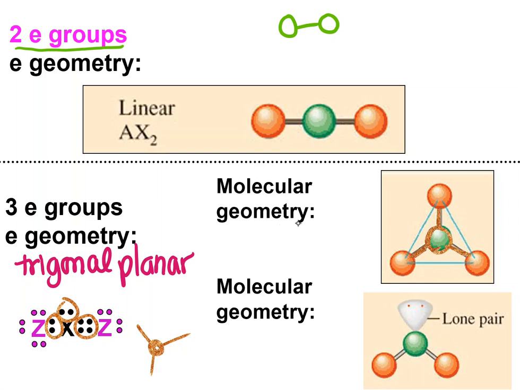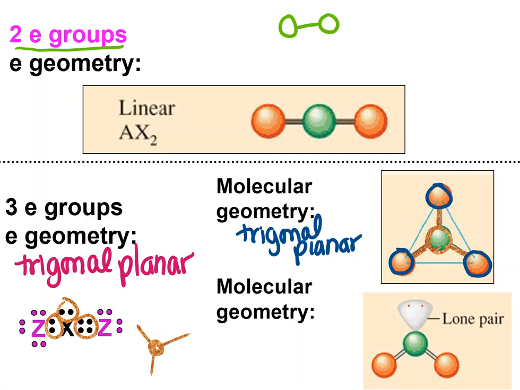When we look at the molecular geometry, now we're looking at where the atoms are. No surprise, they are at the corners of a triangle as well. So for this molecule, because it has atoms in all of those places, it's trigonal planar as well. And you're going to see this is true anytime you have no lone pairs: the electron geometry will be the same as the molecular geometry.